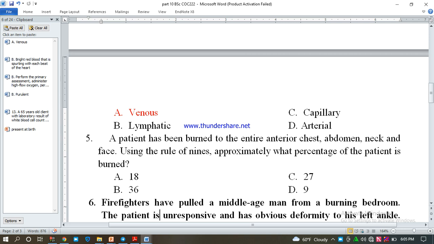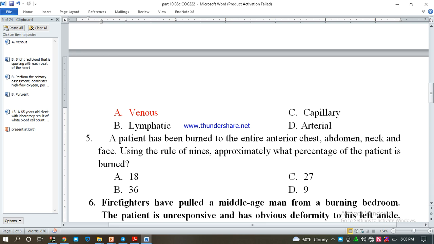We look at what percent of the total body surface area is burned. The rule of 9 is a quick and easy tool used to estimate the burn percentage of your total skin. In our question, the anterior chest and abdomen are burned, which is 18%, and the head, neck and face, 9%.